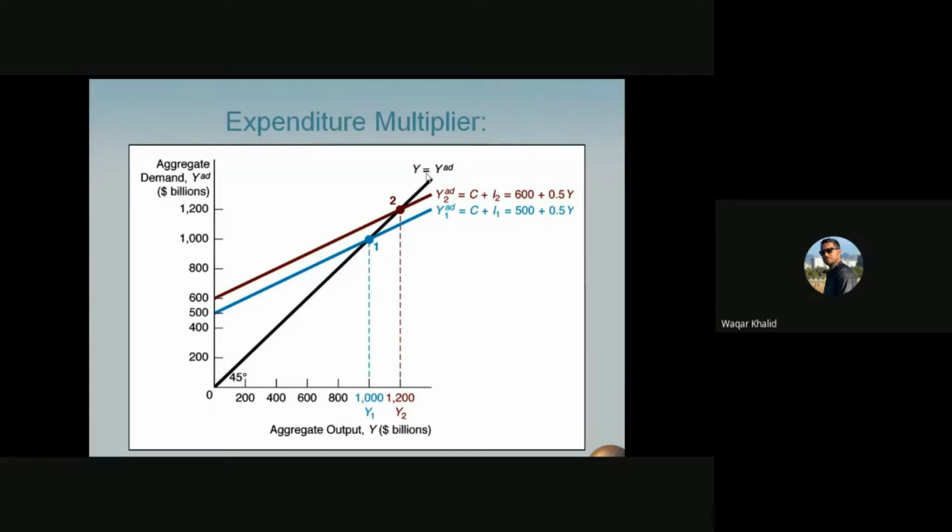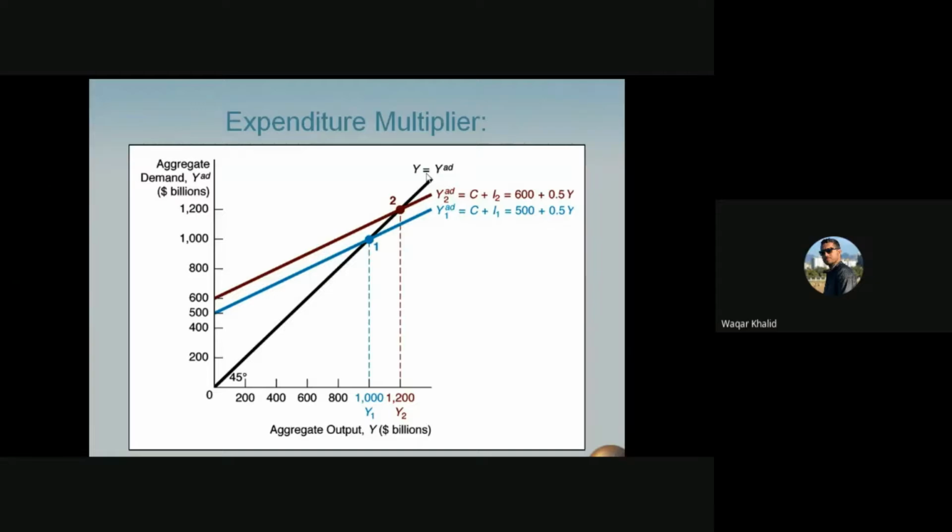Suppose that a new electric motor is invented that makes all factory machines 3 times more efficient. Because firms are suddenly more optimistic about the profitability of investing in new machines that use this new motor, planned investment spending increases by 100 billion from the initial level.